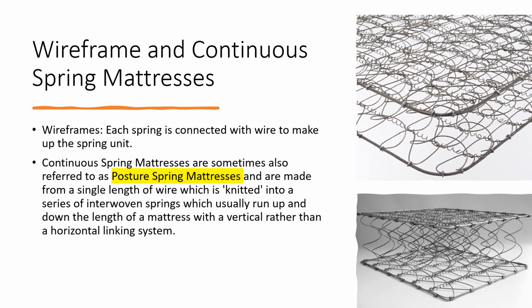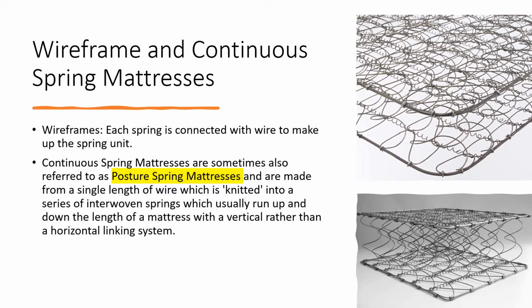The next categories of spring mattresses are wireframe and continuous spring mattresses. The first picture is of wireframe mattresses. In wireframe, each spring is connected with wire to make up the spring unit. The second picture is related to continuous spring mattresses.